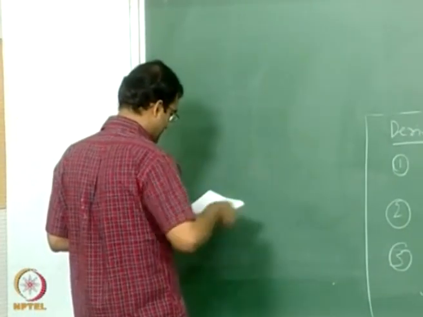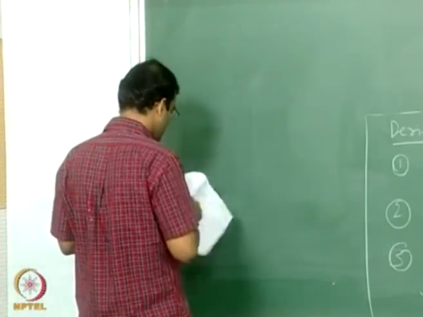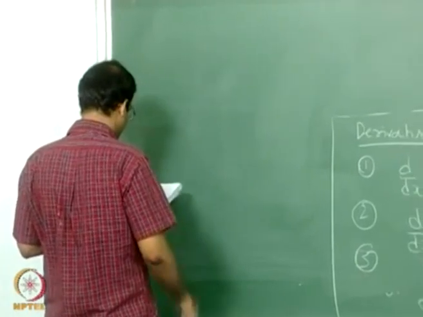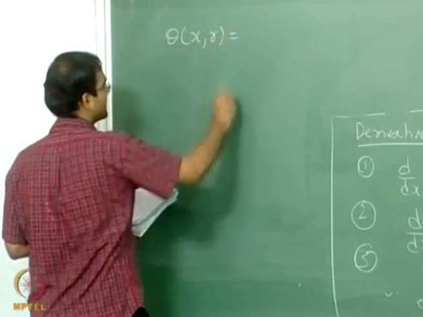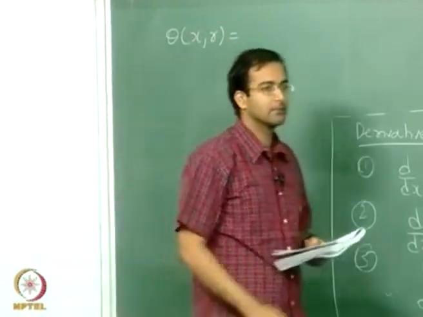So now we have all the necessary background. Therefore you can write your solution for theta of x comma r. You have to now tell me what the solution will be.